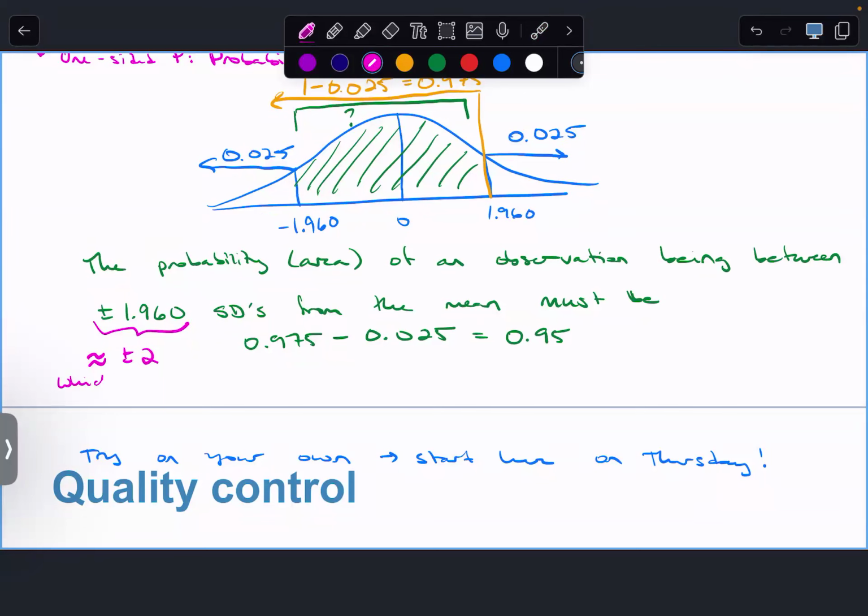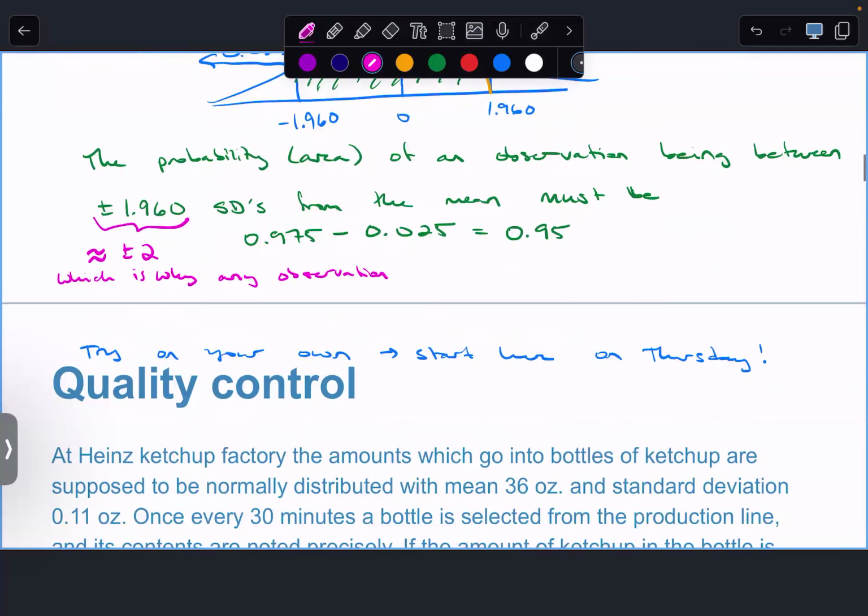So which is why any observation beyond plus minus 2 standard deviations from the mean, which is really just a z of plus minus 2, is considered unusual.